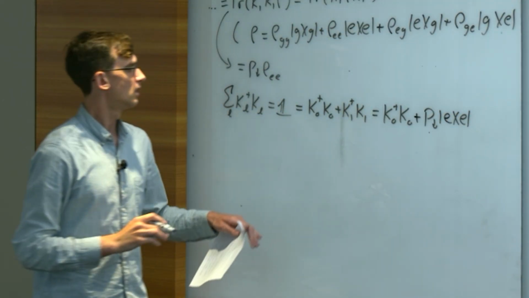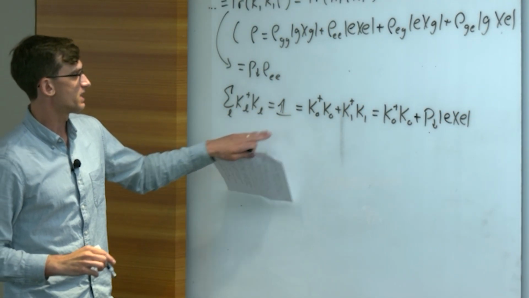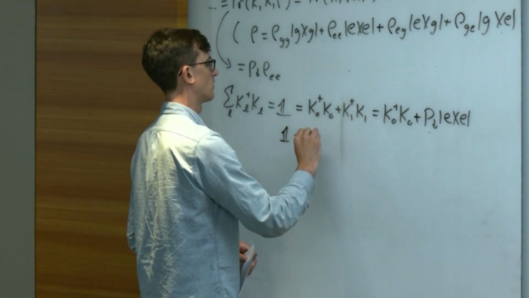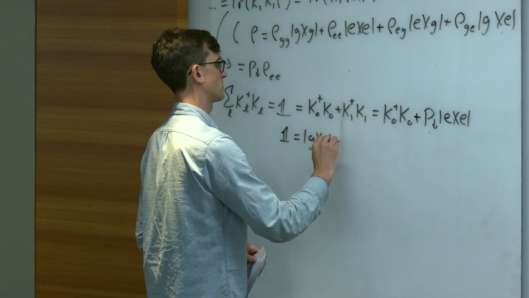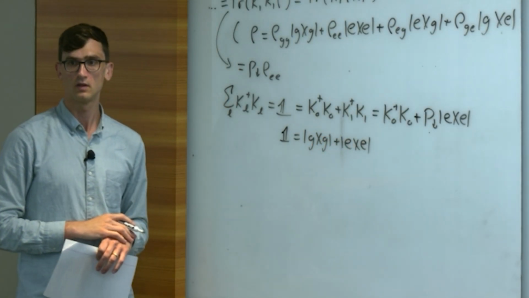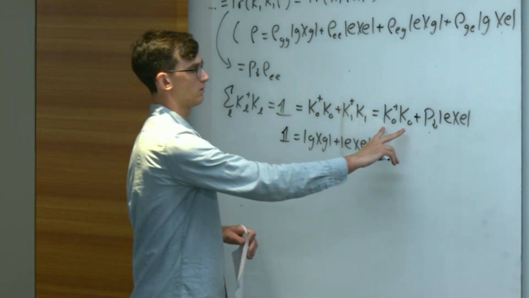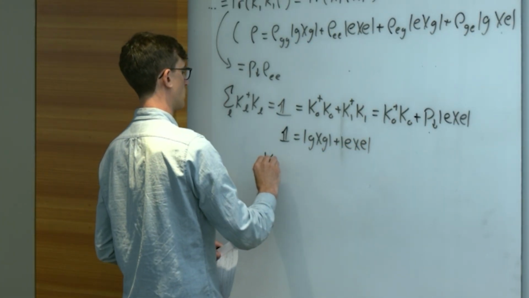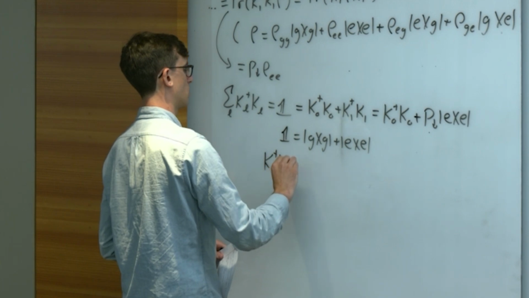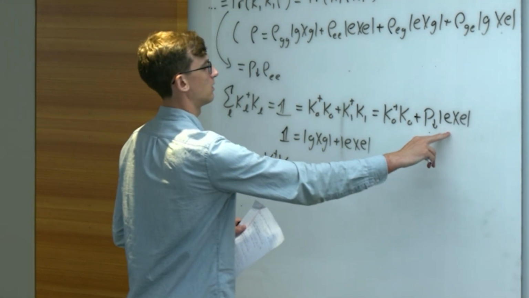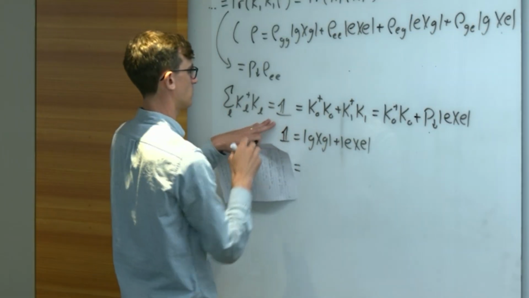Right? And then what is the identity? We remember that the identity is just the sum over both terms in our Hilbert space, right? And so now we can derive immediately what K0 dagger K0 is. Let's just write it down.